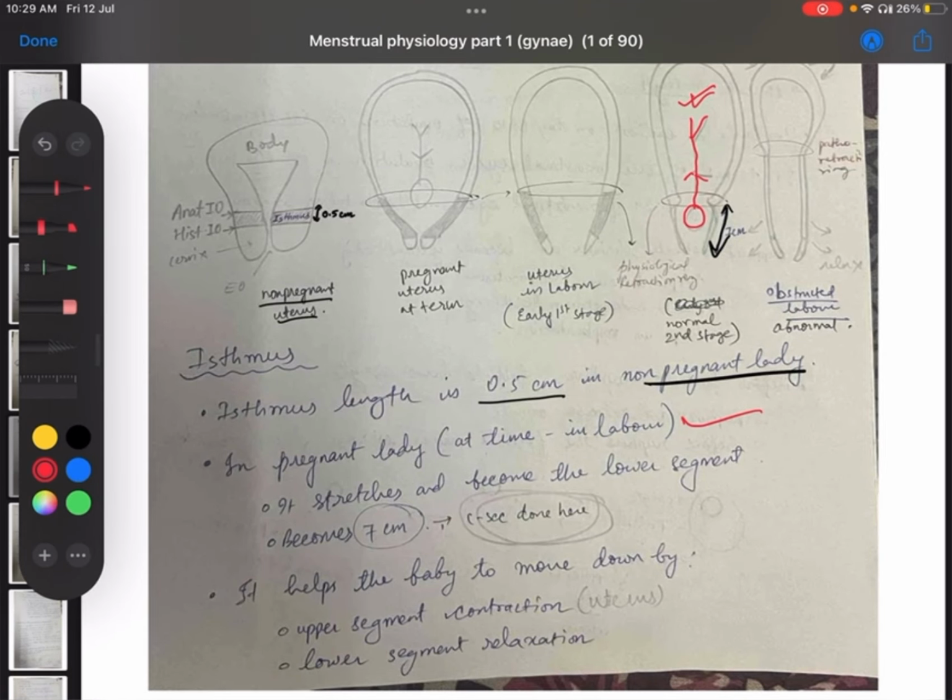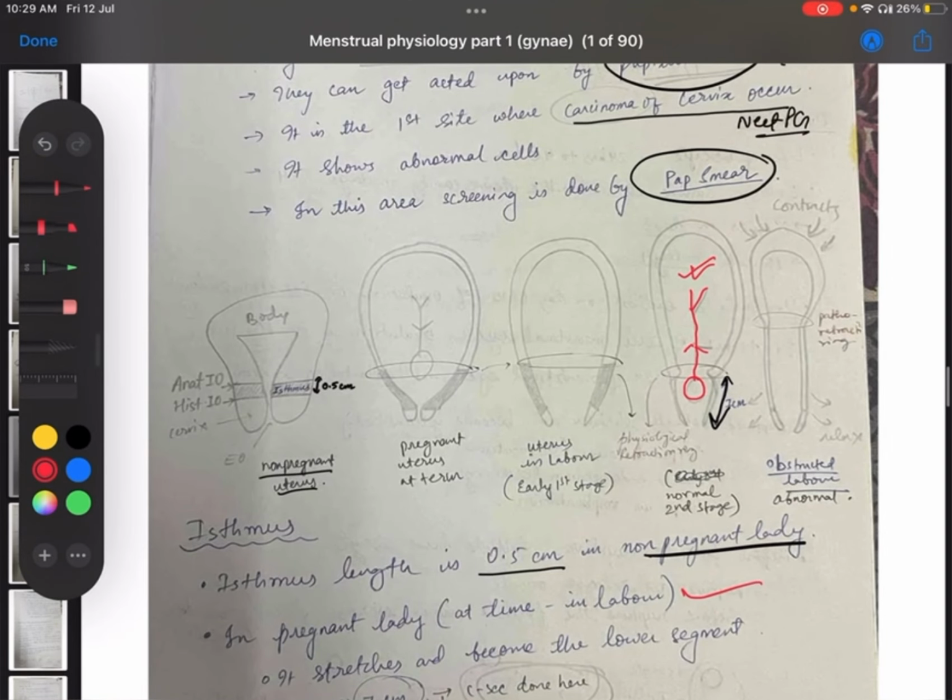It helps the baby to move downward by upper segment contraction and lower segment relaxation. What does that mean? When the woman is in labor, the baby is tending to come out, and the upper segment contracts, the uterine wall contracts, and this lower isthmus relaxes.